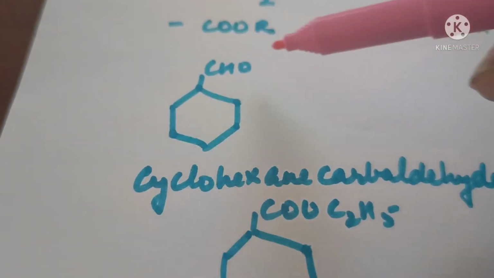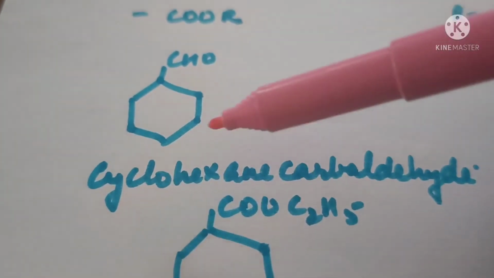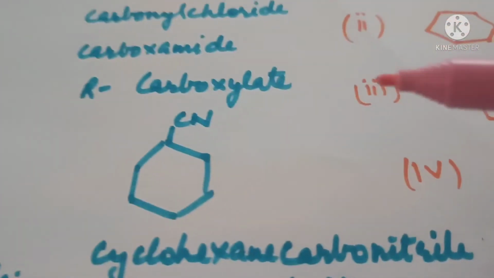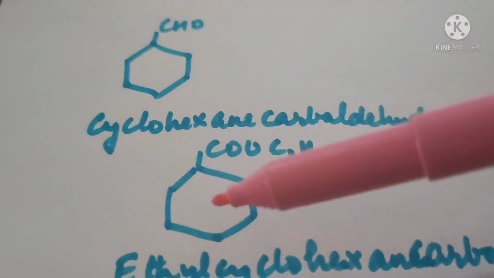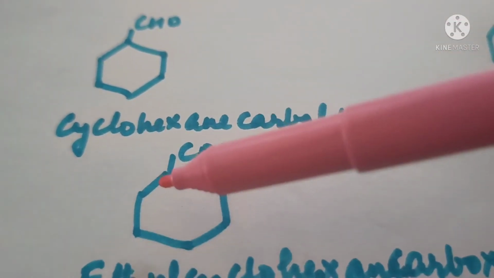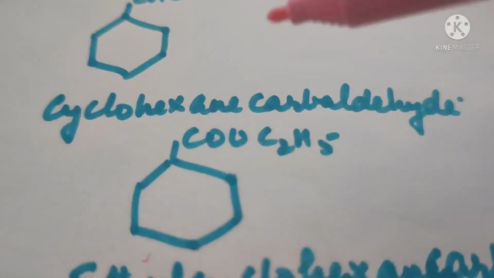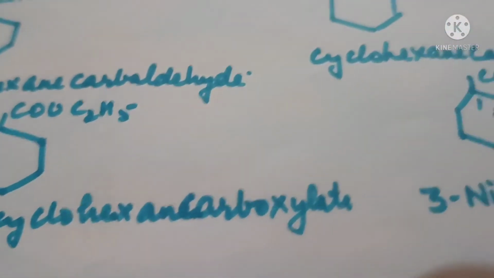So this compound, this is a cyclohexane and the suffix carbaldehyde. So the name will be cyclohexane carbaldehyde. This is cyclohexane carbonitrile. This is ethyl cyclohexane carboxylate.